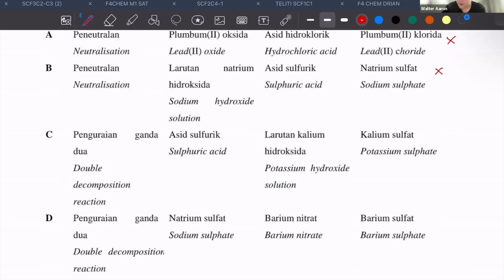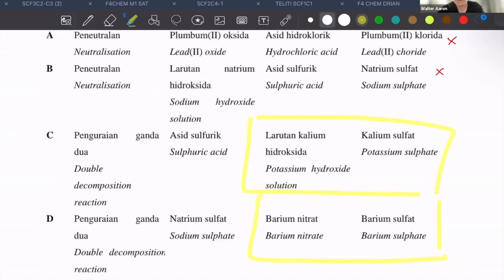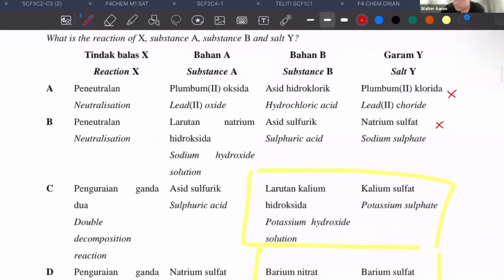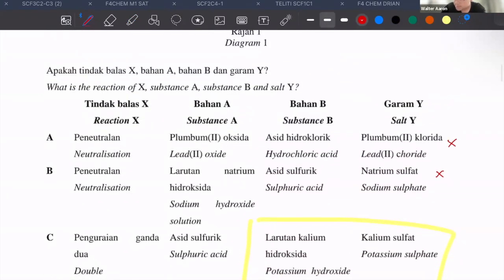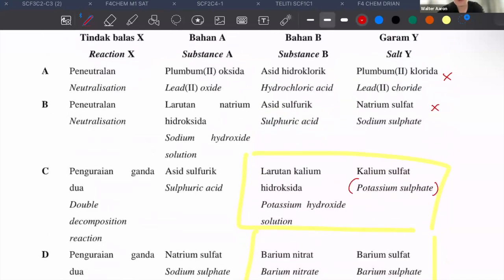That means you have to look at the products formed from the reaction itself. In C, the product formed is potassium sulfate. If you recall your salts chapter, potassium sulfate is soluble, because all salts of sodium, potassium, and ammonium are soluble.